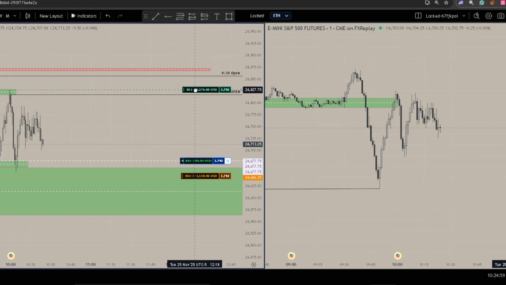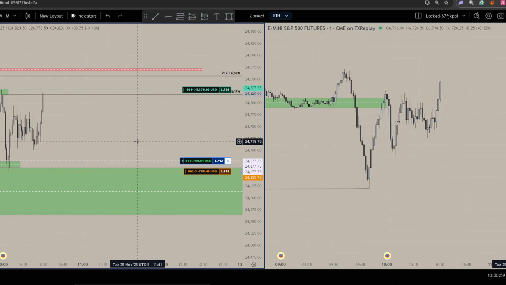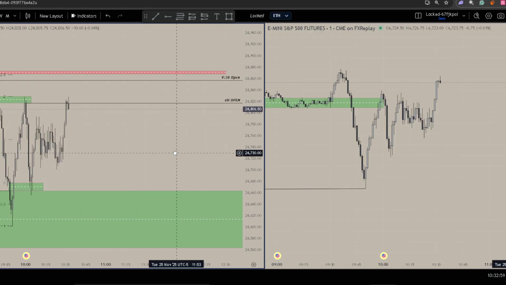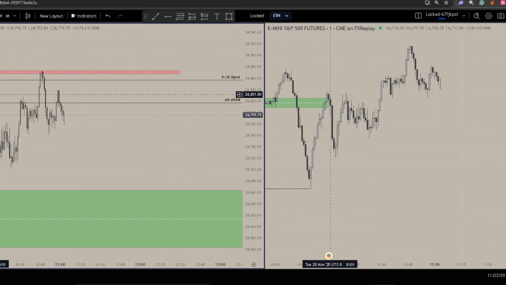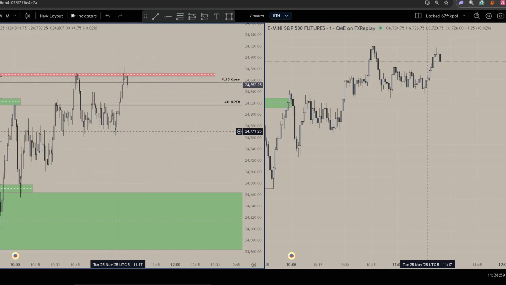Trail my stop and target this high. Honestly, I could really go break even, but I'm gonna trail it to this low. Boom. And then there we go. Just like that. Got my piece of the pie and yep. There we go. You know what I'm saying?